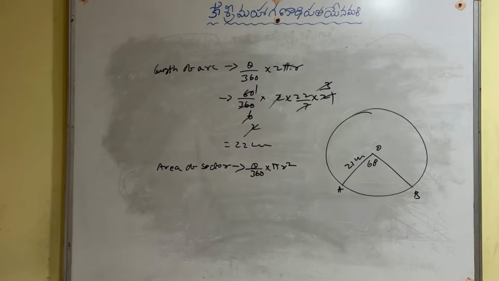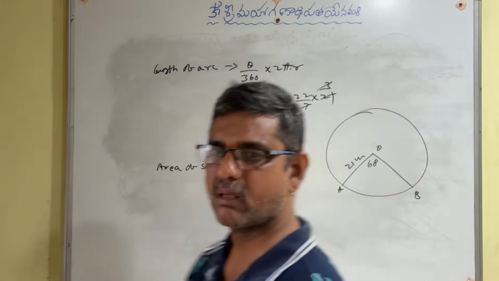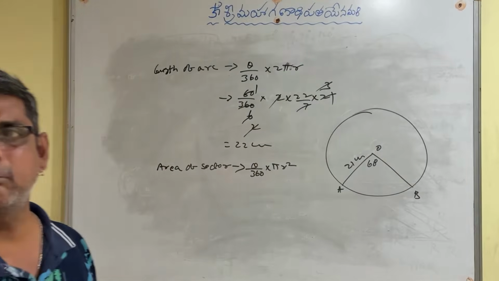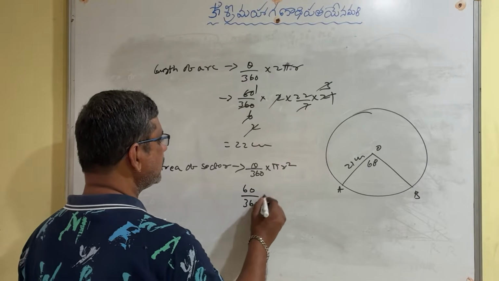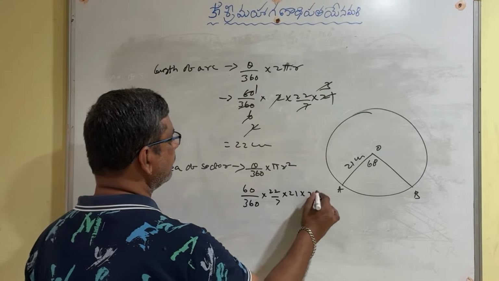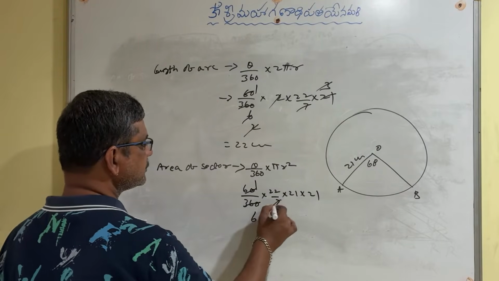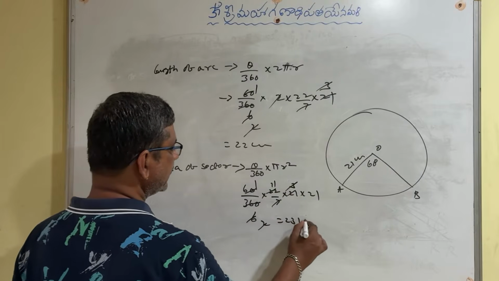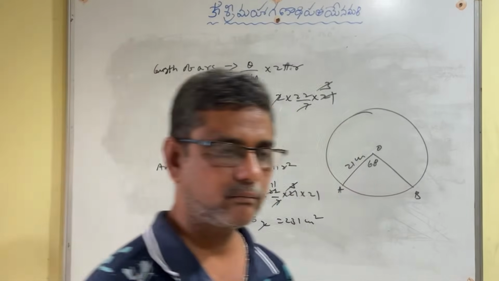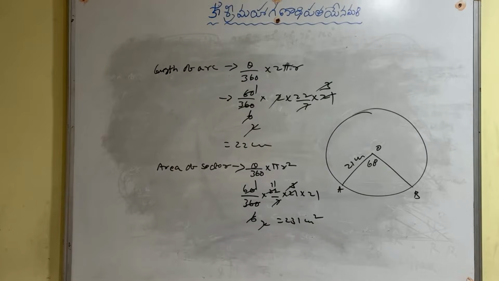Somebody told 462. 60 by 360 into 22 by 7 into 21 into 21. 6 times 3s, 2s, 11s, 231 centimeter square.